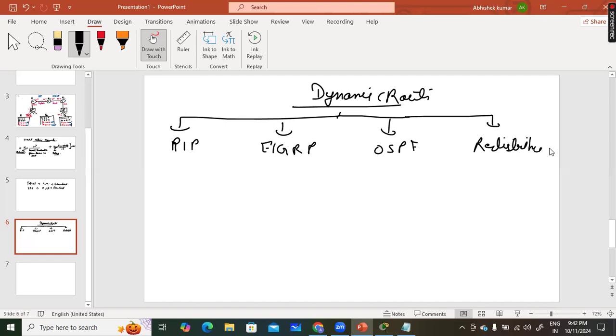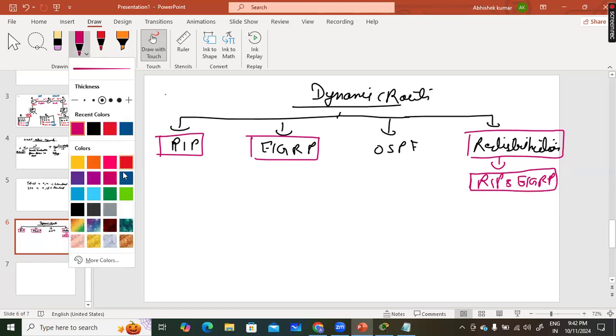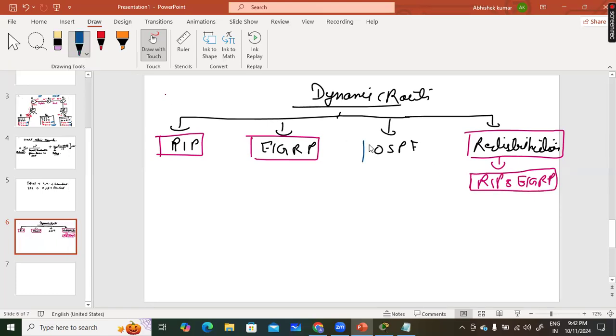And one is IS-IS as well, which is not in our syllabus. We have completed RIP, EIGRP, and redistribution between RIP and EIGRP. That has been done by us. Now what is left is OSPF.